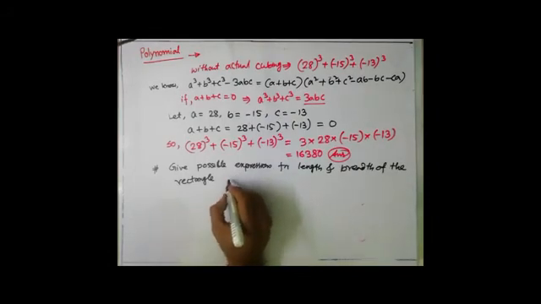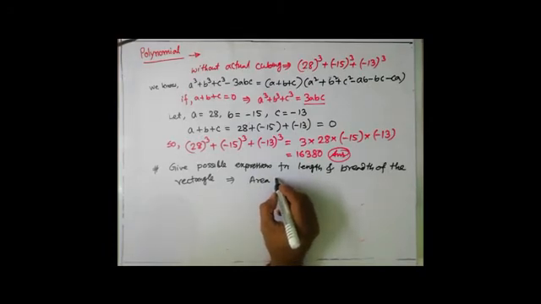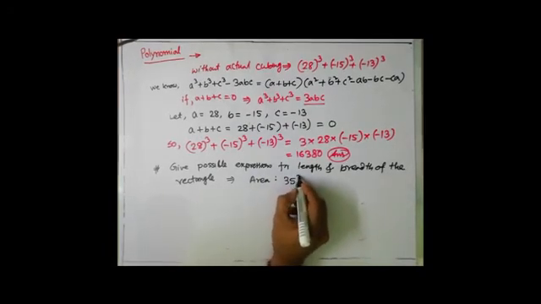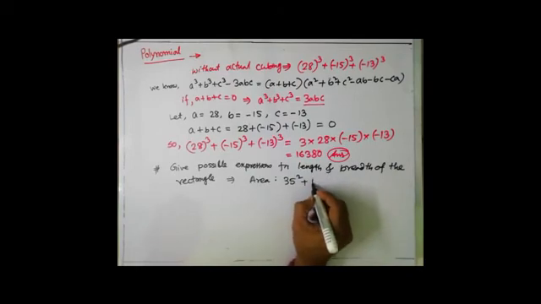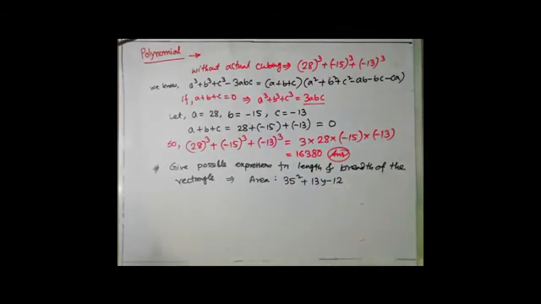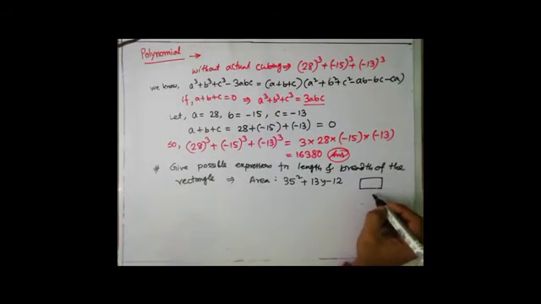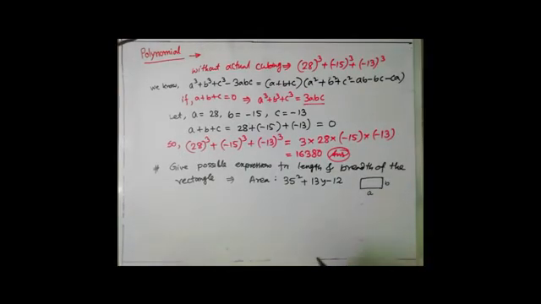The area is given for a rectangle, and the expression is 35y square plus 13y minus 12. Now if the area is given for a rectangle, suppose length is a and breadth is b, so the area will be a cross b, and that is given. Now you are asked to find the length and breadth.